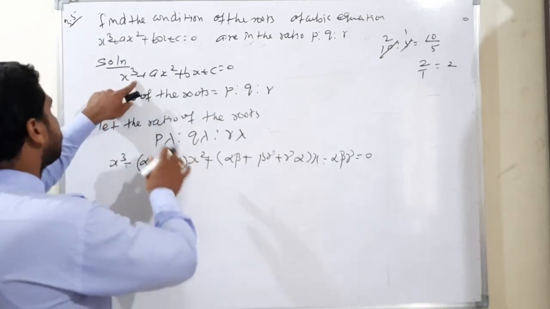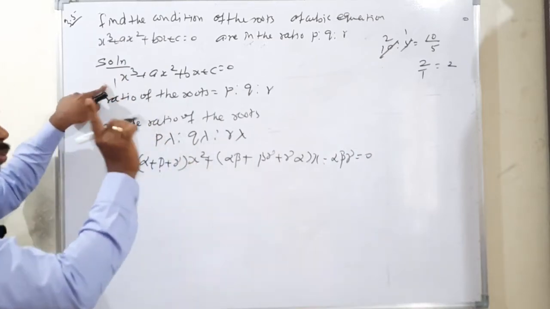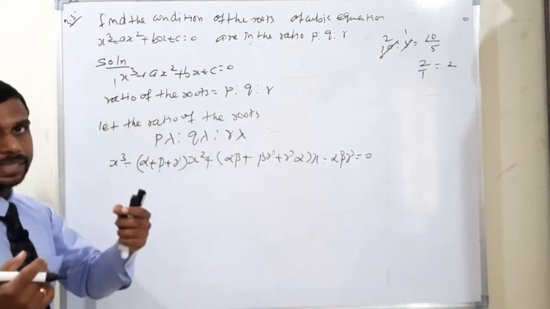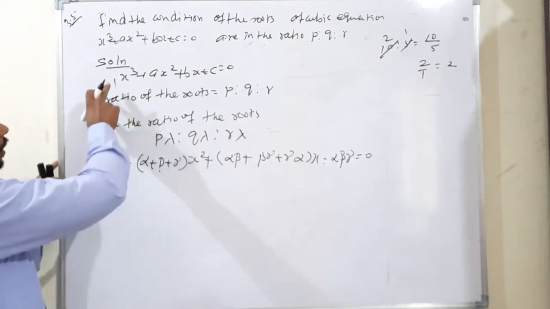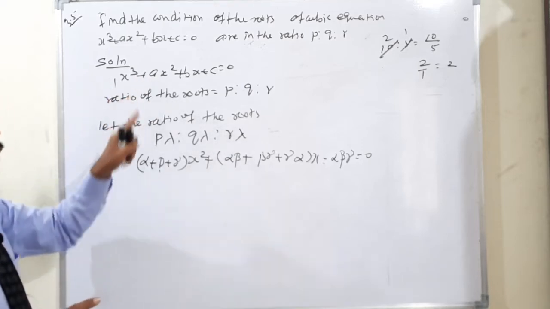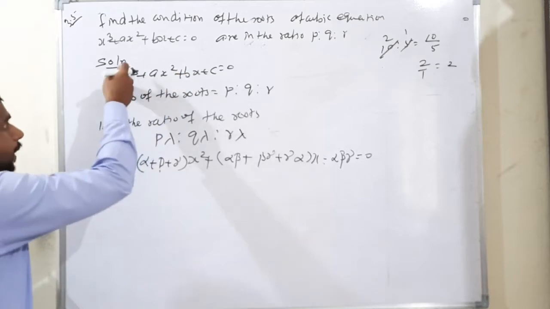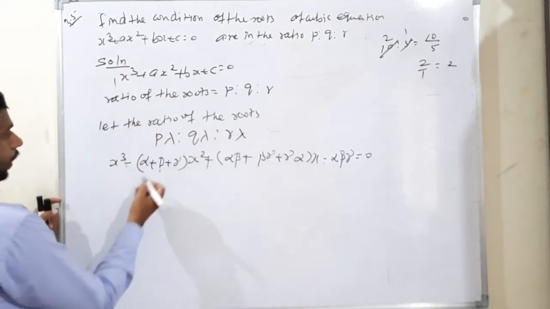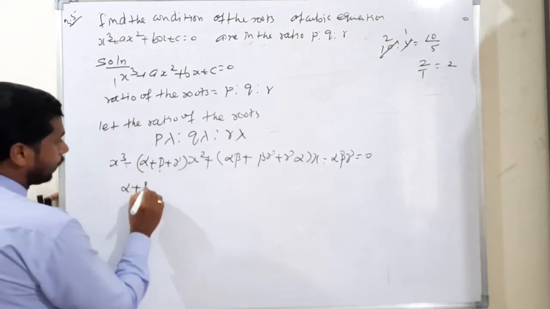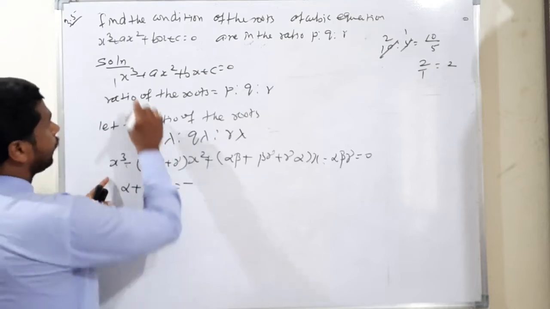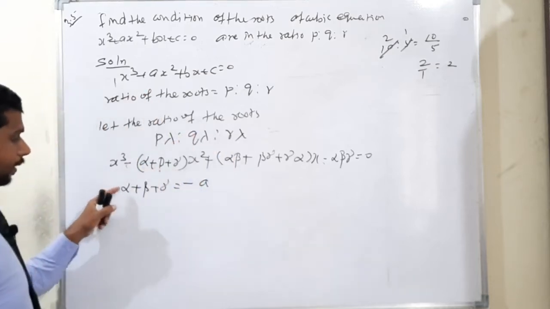The leading coefficient is 1 here. For monic polynomials, we divide each coefficient by the leading coefficient, and since it is 1, a, b and c remain the same. Therefore, alpha plus beta plus gamma is equal to minus a, the sum of the roots.